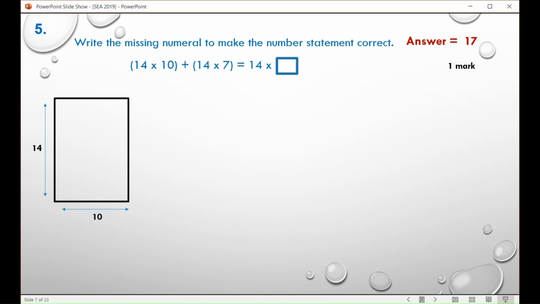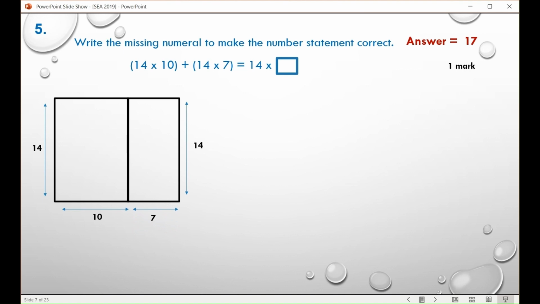And let's look at the other rectangle. It is 14 multiplied by 7. So both rectangles share a side of 14. So one side will be 14 for the second rectangle, and the other side will be 7.